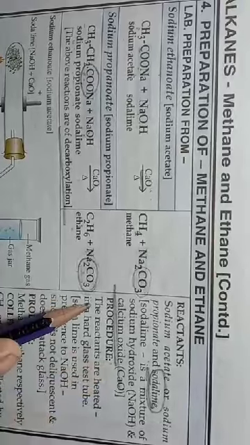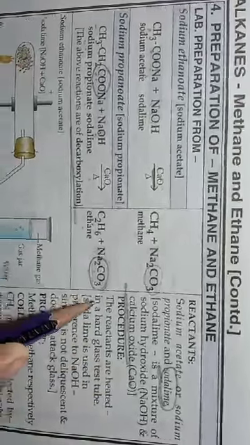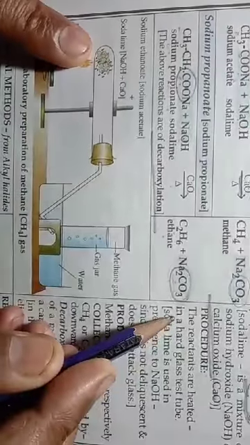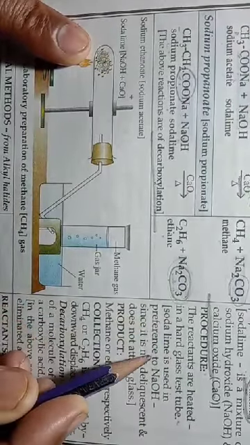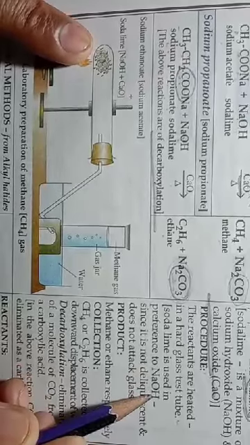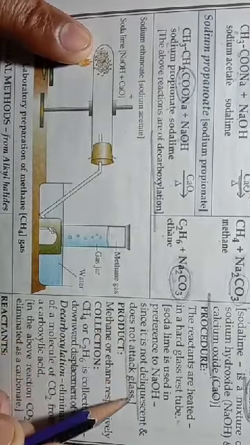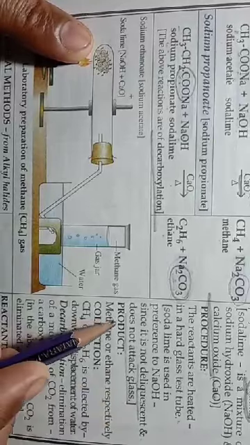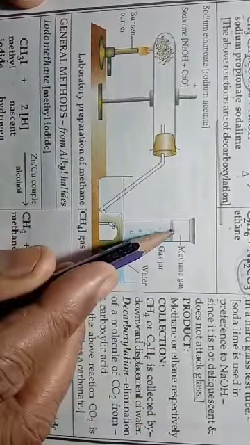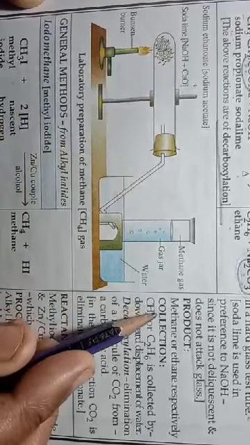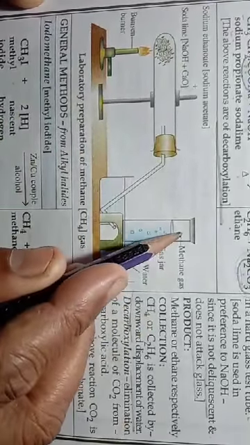Procedure: the reactants are heated in a hard glass test tube. Soda lime is used in preference to NaOH. Why? Because it is not deliquescent and does not attack glass. Product: methane or ethane is formed respectively, which is collected by downward displacement of water in the gas jar.